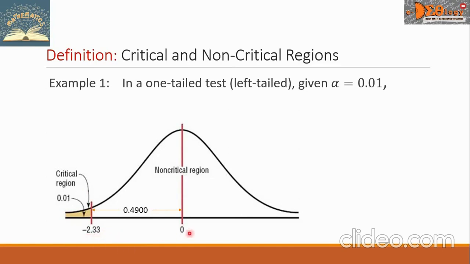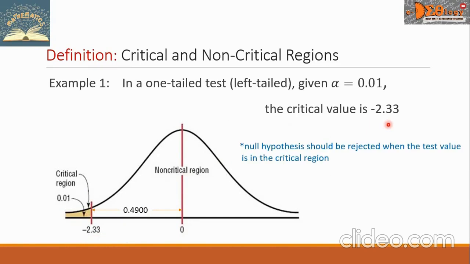But since this is a left-tailed test, this value is negative. So we say that the critical value is negative 2.33. Null hypothesis should be rejected when the test value is in the critical region.